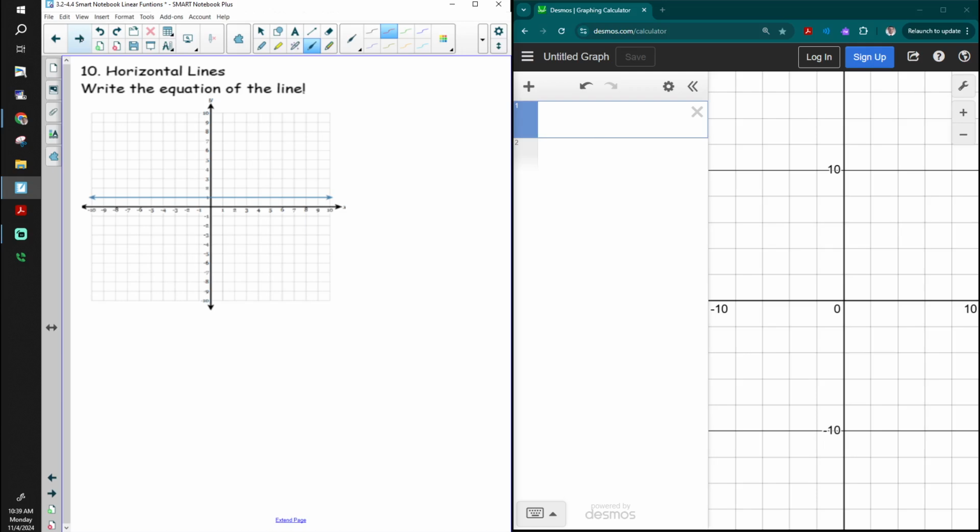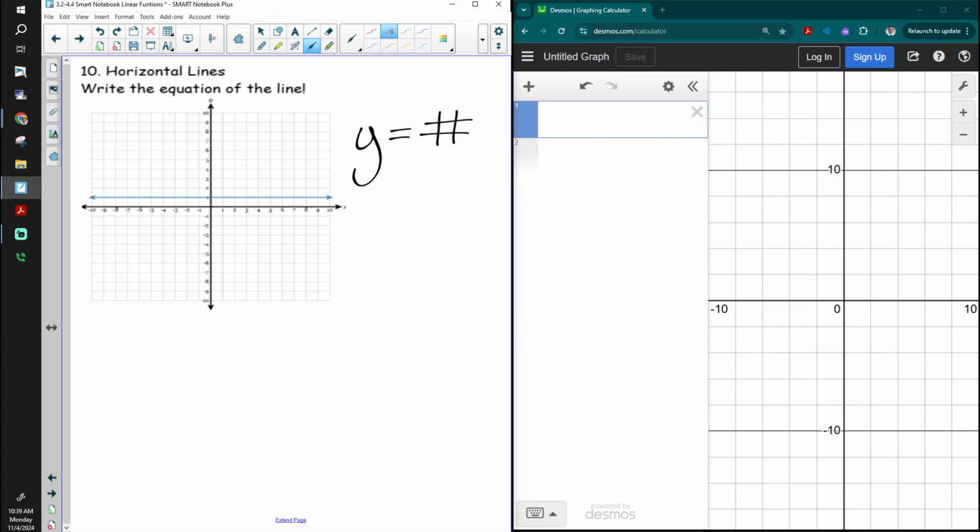Do you remember what variable a horizontal line uses? Y. Yes. Y goes left to right. A horizontal line is always y equals a number. And in this case, y equals 1. The number is where it intersects the y-axis.